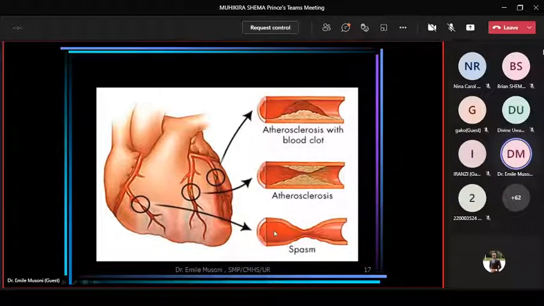It is a kind of physics. There will be delays in passing blood from here to here, because here the lumen is reduced. So in that case, there will be a spasm. It will be like a short contraction of the smooth muscle because of the stenosis of the lumen of the blood vessels caused by atherosclerosis. Okay?